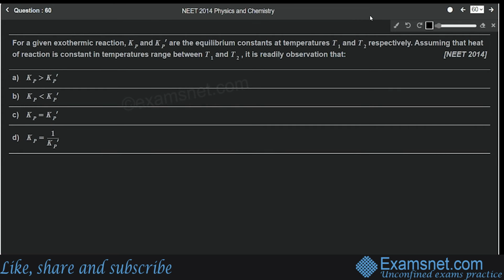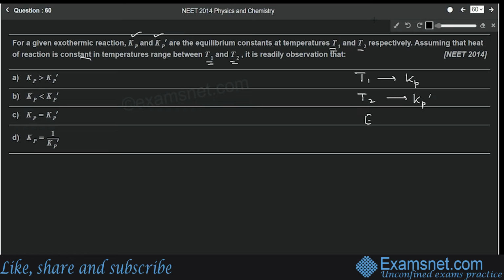Question number 60 is again from the chapter thermodynamics, and the question is, for a given exothermic reaction, Kp and Kp dash are the equilibrium constants at temperatures T1 and T2 respectively. Assuming that heat of reaction is constant in temperature range between T1 and T2, it is readily observed that. So it is given that at temperature T1 the equilibrium constant is Kp, whereas at temperature T2 the equilibrium constant is Kp dash.